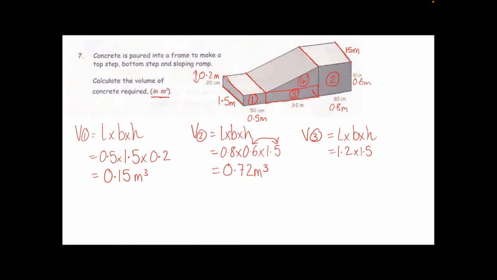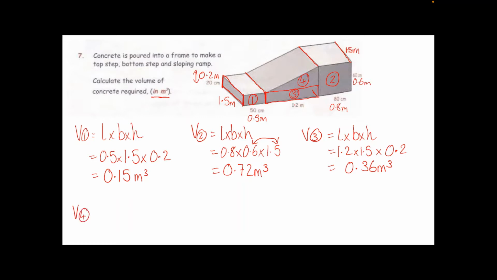But my breadth is 1.5, and then my height is this bit, which matches this bit, so my height for this last one is 0.2 as well. So 1.2 times 1.5 times 0.2 is going to give us 0.36 meters cubed.